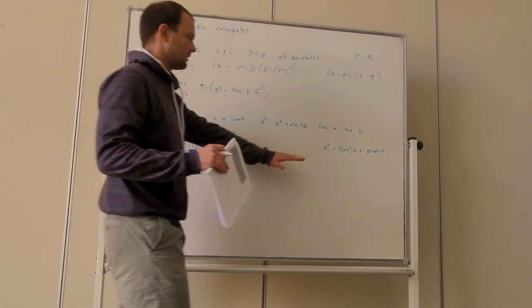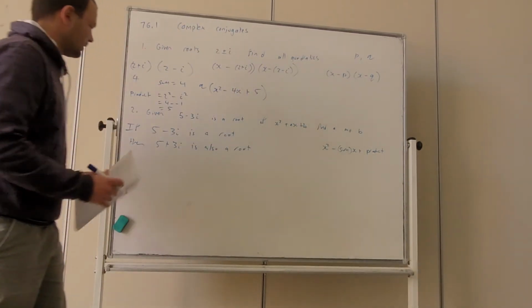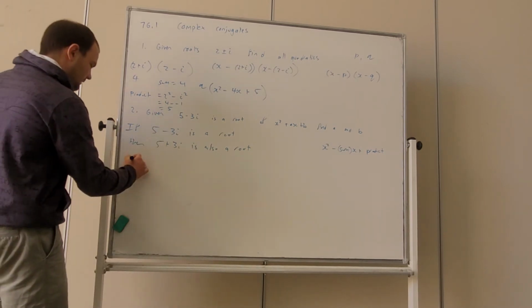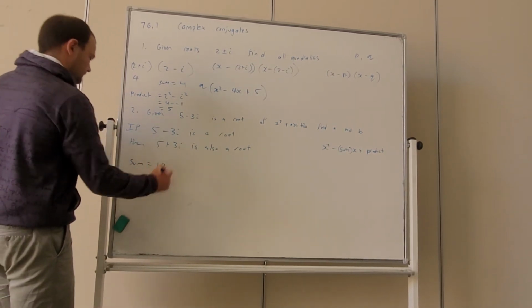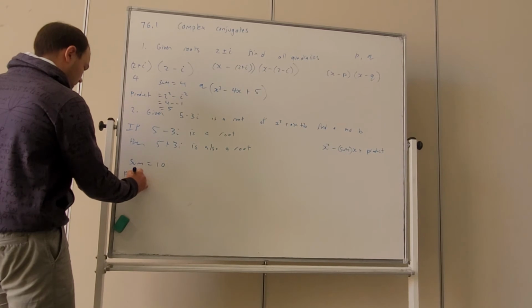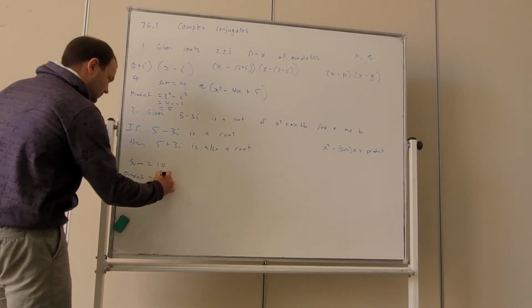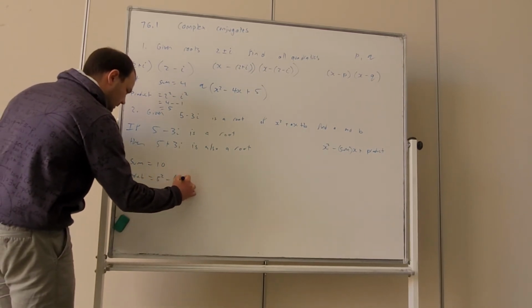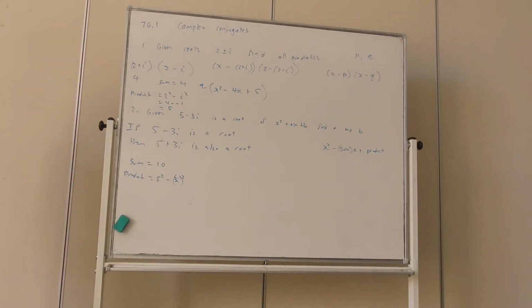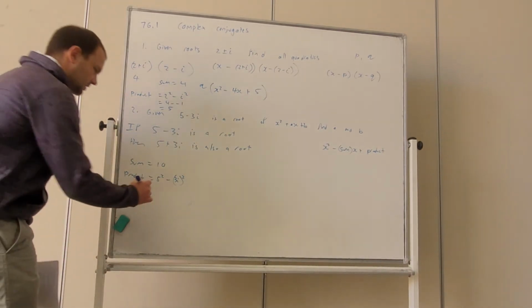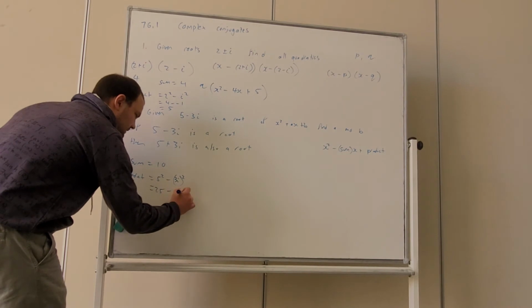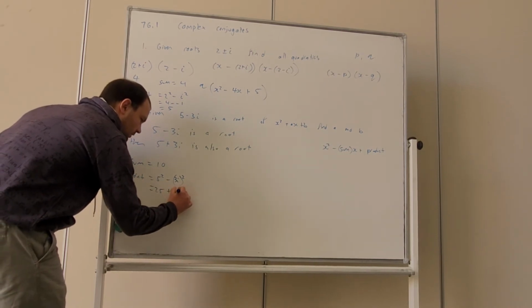Okay, so we could think about it in terms of sum and product. So if we add these roots together, the sum is going to be 10, and the product is going to be 5 squared take 3i squared, all right, which is 25 plus 9.